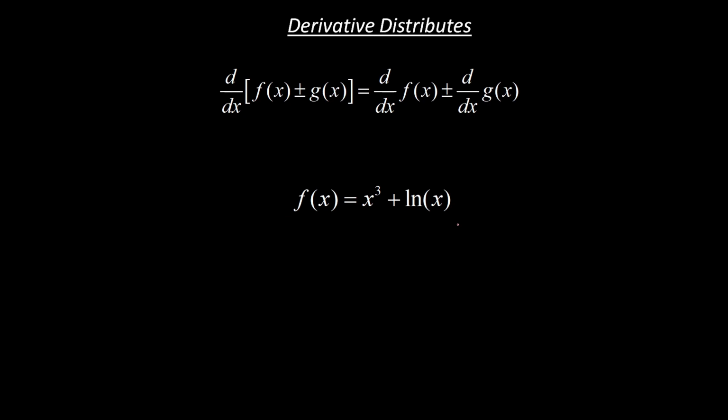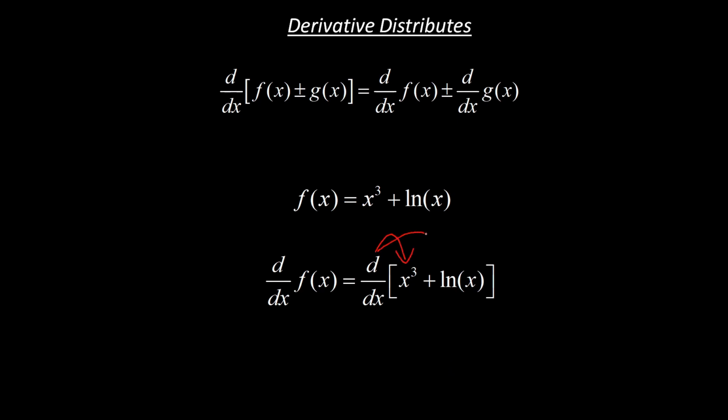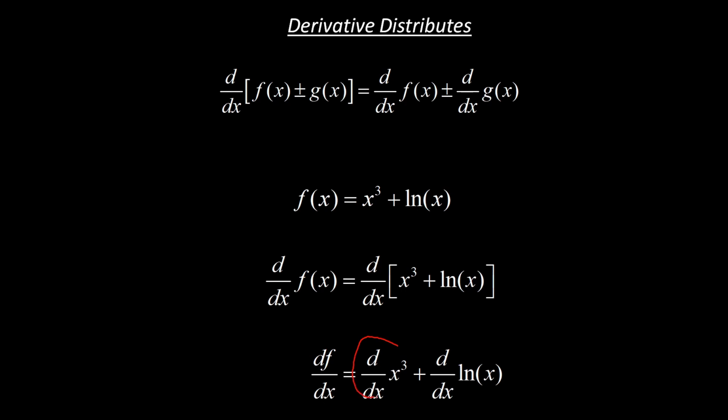So we're going to take the derivative of both sides. Now the derivative distributes, so we can take the operator and distribute it to both functions. And now that we've done that, we can use the derivative patterns to do these derivatives.